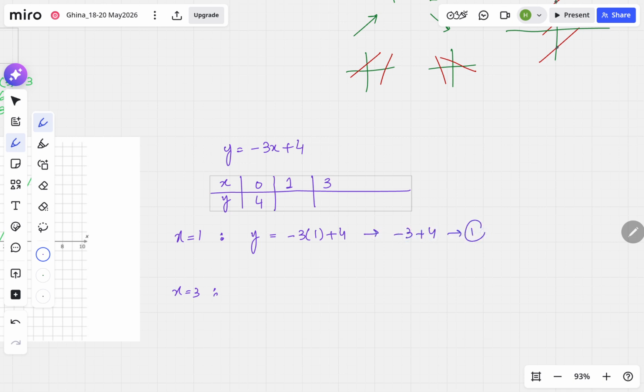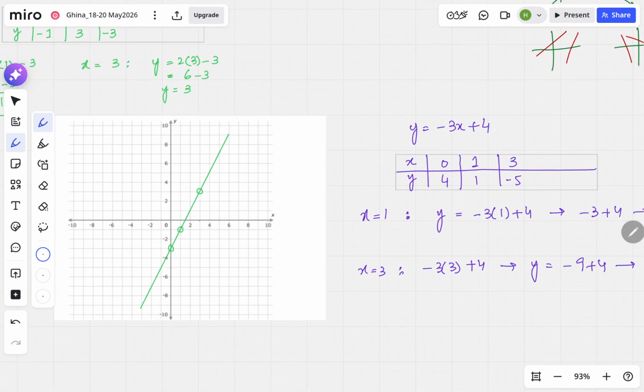So when x equals 1, y is 1. For x equals 3, let's put the value for x, and you get your answer for y. So y will be minus 9 plus 4, which gives you minus 5. So for x equals 3, the value of y is minus 5.